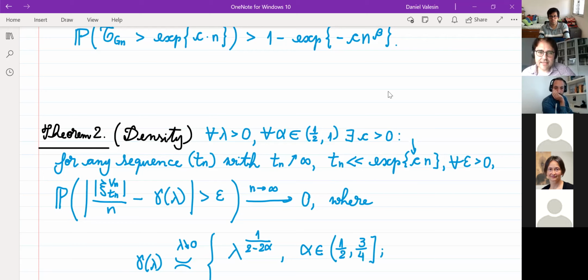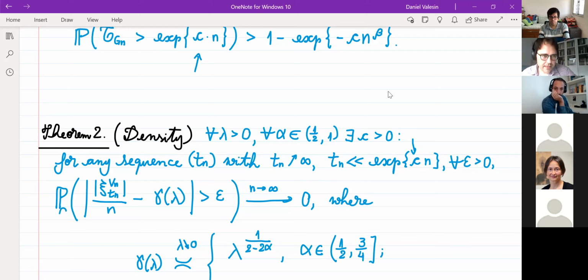The point is that this sequence Tn should be growing, but much slower than the extinction time of the infection. So it's a typical time of activity of the infection in the nth graph. You take a snapshot of the process at this time Tn.